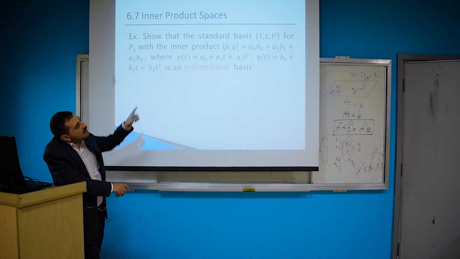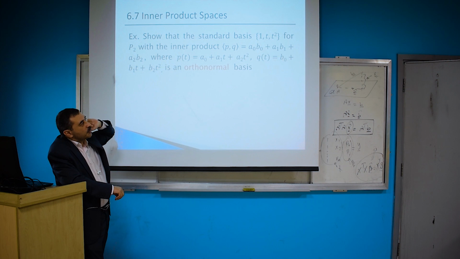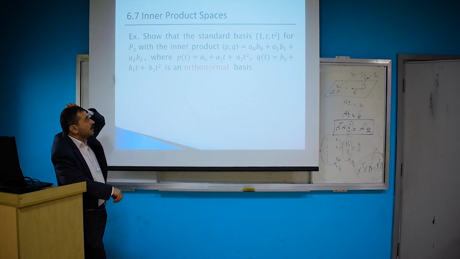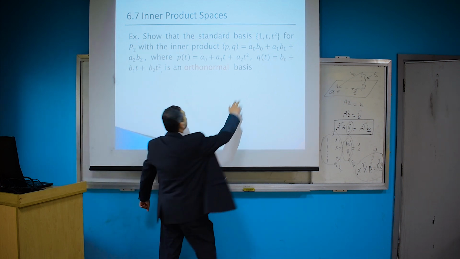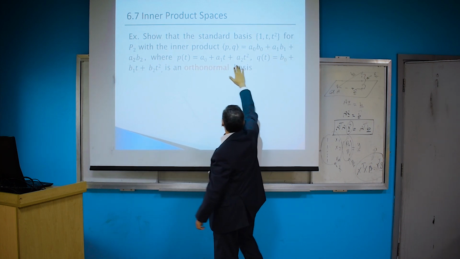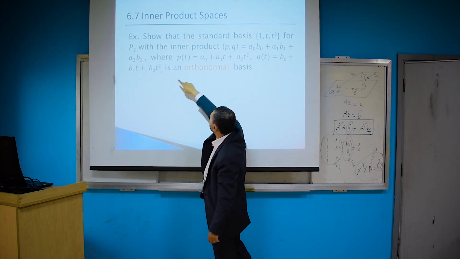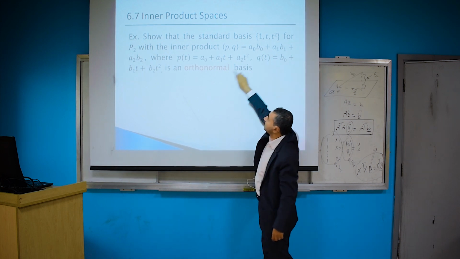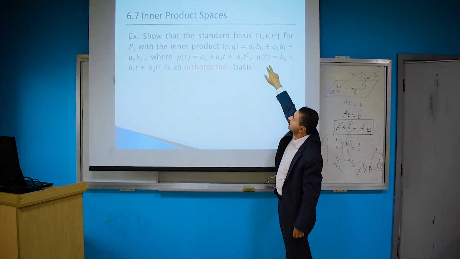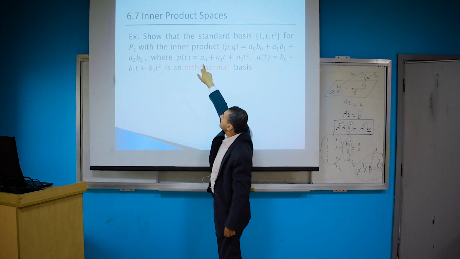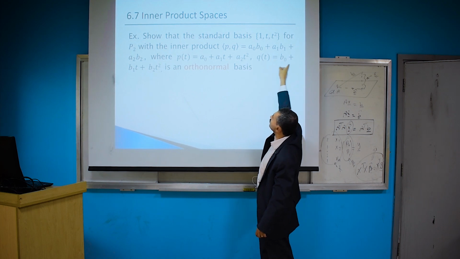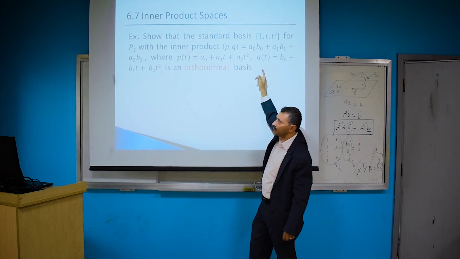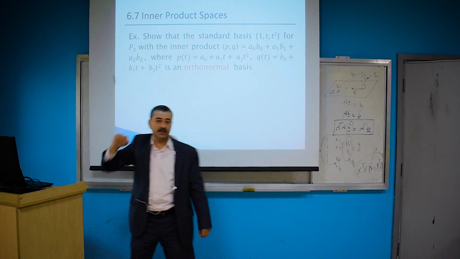We want to show that the standard basis 1, t, and t squared, which you usually take as the standard basis for P2, is orthonormal according to this inner product, defined this way for two polynomials, P and Q. I define the inner product between P and Q this way, which means that I take the constant terms and multiply, plus the product of the coefficients of t and the product of the coefficients of t squared, and sum up.